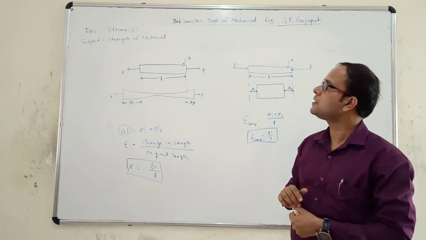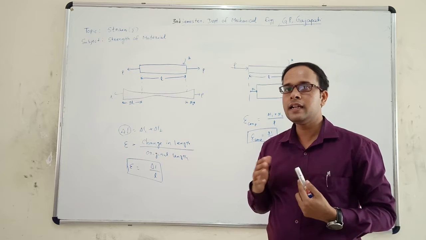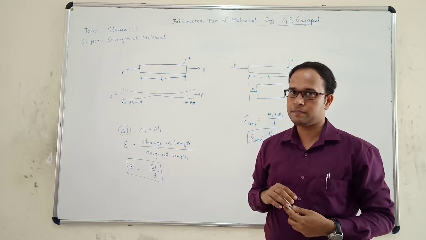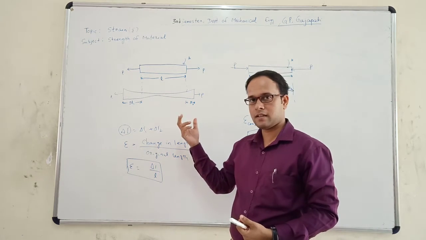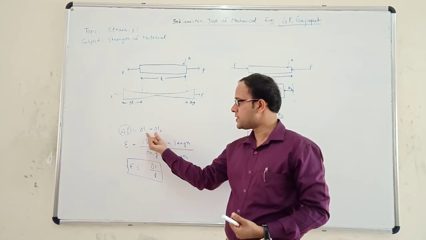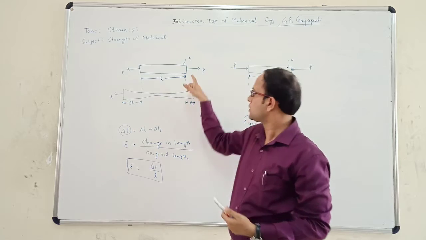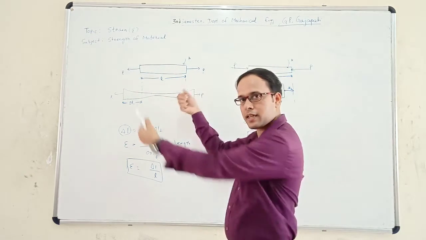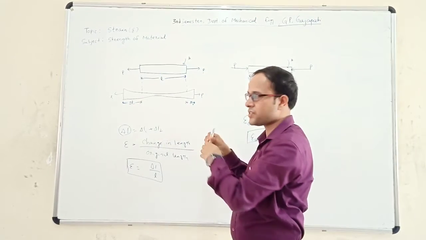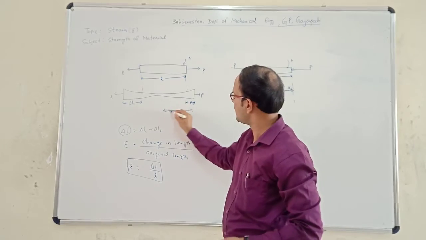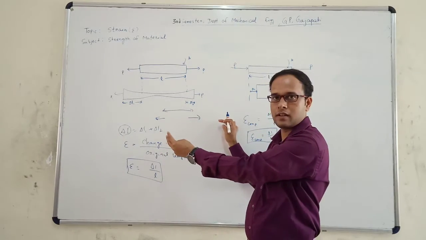Similarly, we can categorize the strain in another way: linear strain and lateral strain. What is linear strain? If we take the change in dimension in the direction of application of force. Suppose P is applied in this direction, and the change in length also occurs in that same direction.